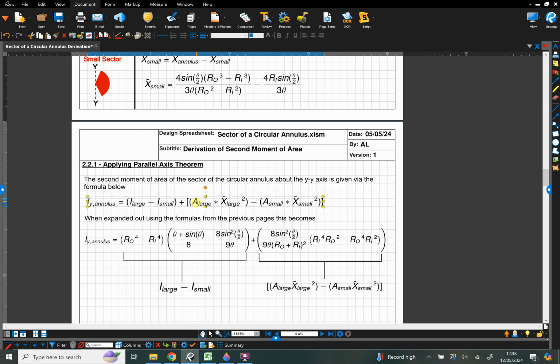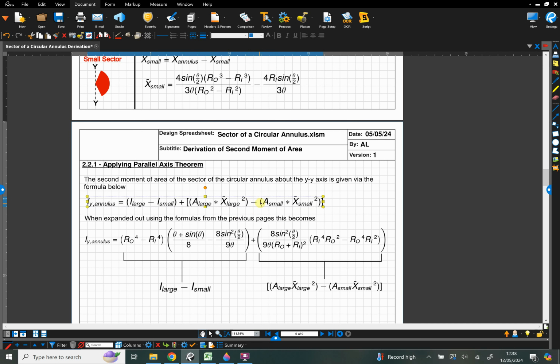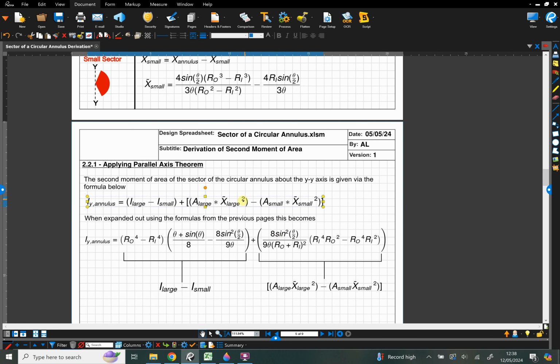So we have the area of the large sector times that lever arm distance, so it'll be this distance, the x large, squared, minus the area of the small sector times the lever arm distance for the small sector. And the lever arm distance for the small sector is that distance there. Okay, and you'll notice the squares in here, so we don't care about the sign. And also notice we have the other subtraction in here, because again we're subtracting the small sector from the large sector.